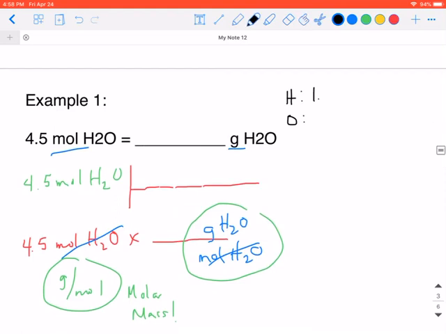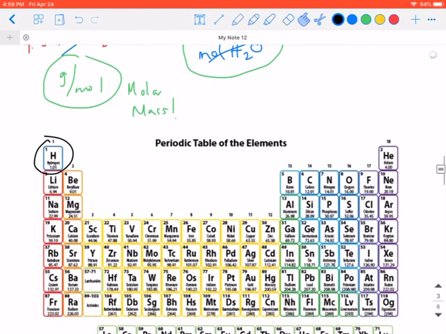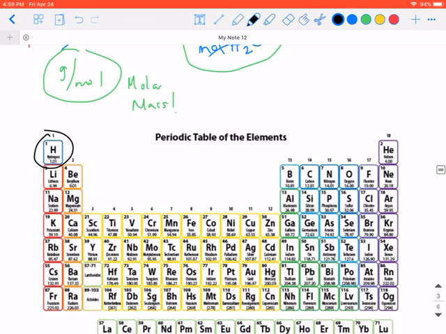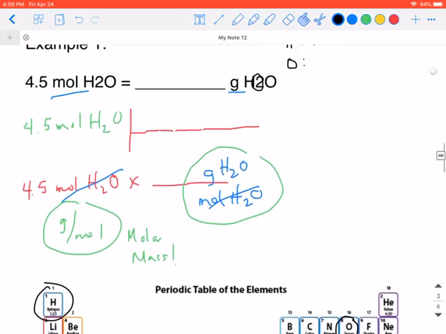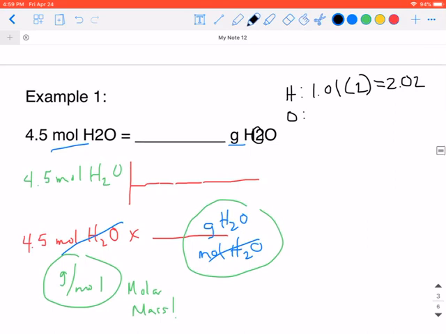But there are 2 of them in water, so times 2, that will give us 2.02. Okay, and then if I go back to the periodic table, oxygen has a molar mass of 16.00, and in water I only have 1 of them, so times 1, that gives me 16.00.